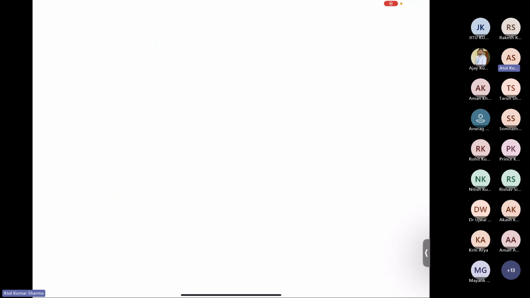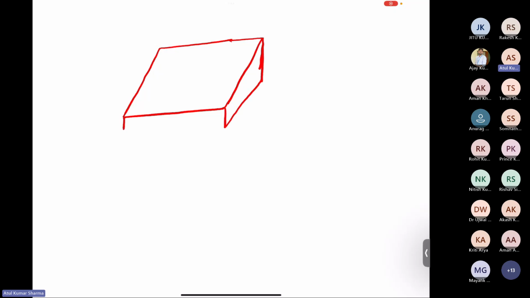So let's consider, I am creating the geometry for which I want to develop the equation of motion. I'm considering this kind of a planar geometry.